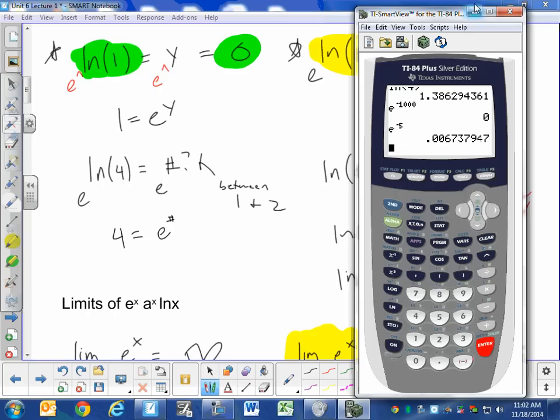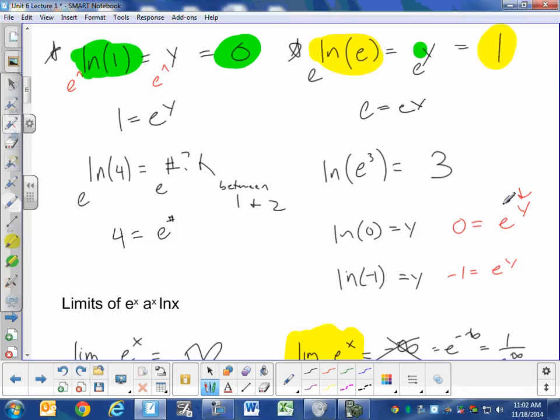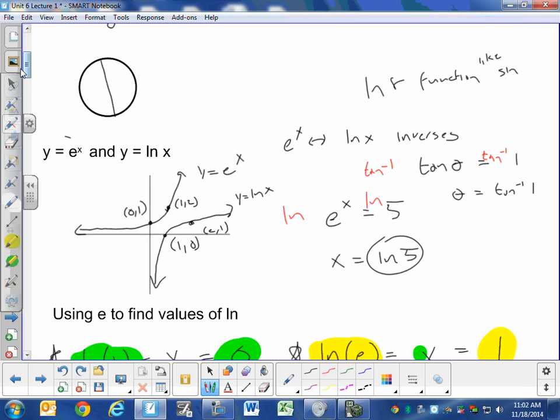Okay? So you'll never have e's that will produce 0 or negatives. E to the x is always positive. And since e to the x is always positive, you can only plug in positive values for x. X has to be greater than 0.